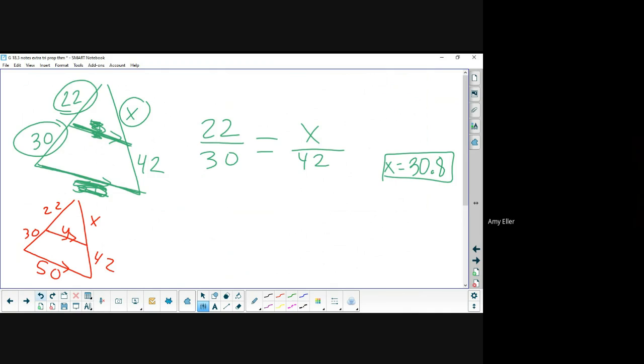So there are questions on the green finding x with the shortcut. I forgot to tell you guys the name of the shortcut. It's the name of the lesson. Flip your paper over. It's at the top left. The shortcut is the name triangle proportionality theorem. It's like how to set up a proportion really easily with triangles. Triangle proportionality theorem. That's the name of the shortcut. And we just use the triangle proportionality theorem to find x.